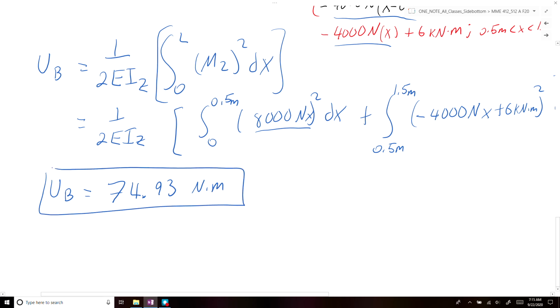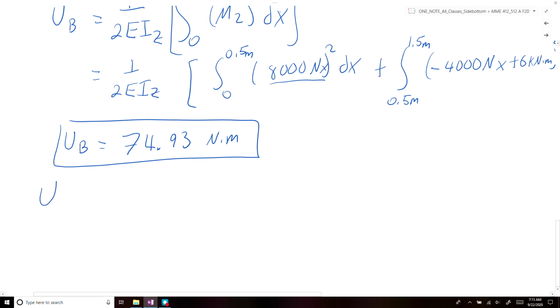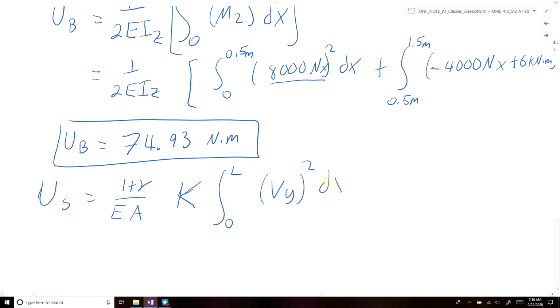So we can repeat this process for the shear energy on our system. We know it's going to be equal to this equation here: 1 plus the Poisson's ratio divided by the elastic modulus times the area times our shear correction factor K, and then we integrate from 0 to L of V of x squared dx.